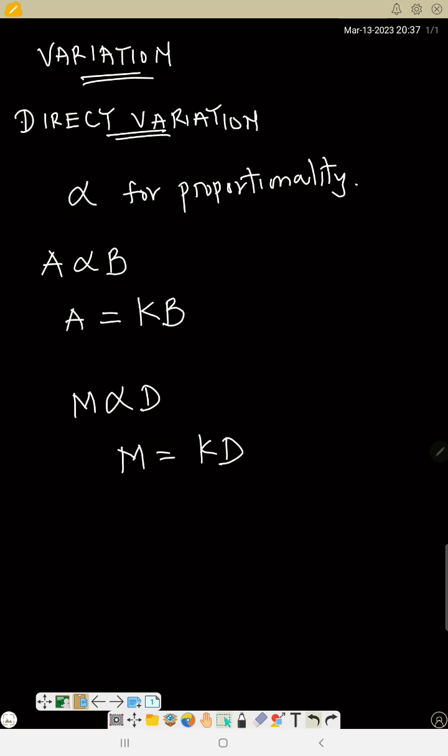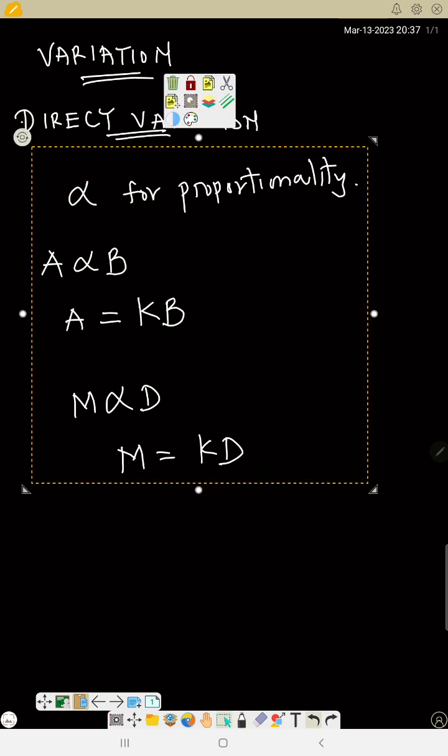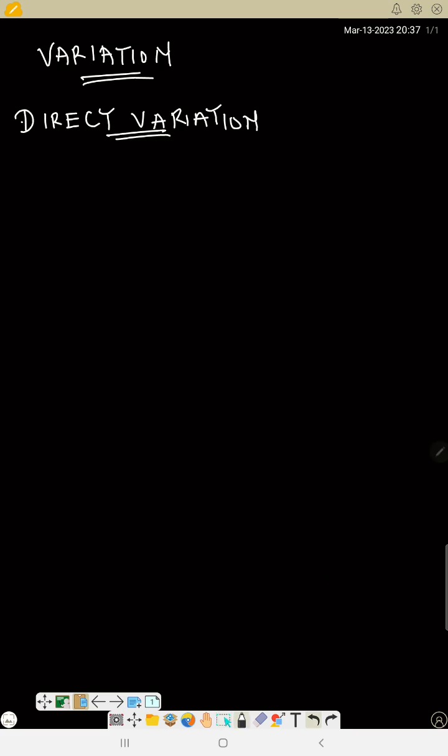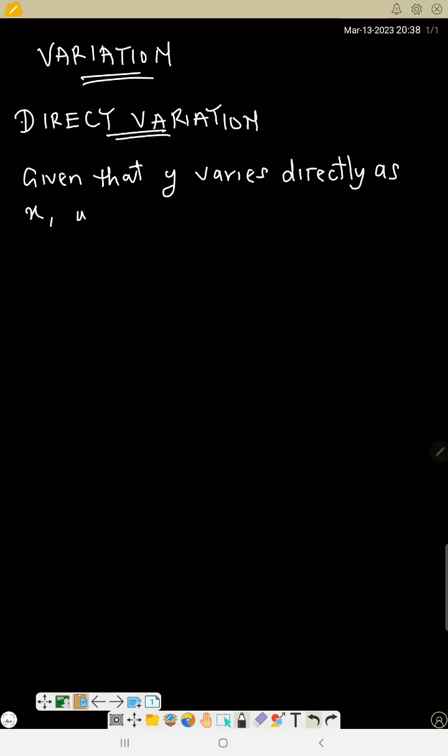Now let's see a problem on direct variation. Given that y varies directly as x, when x is equal to 3, y is equal to 6.